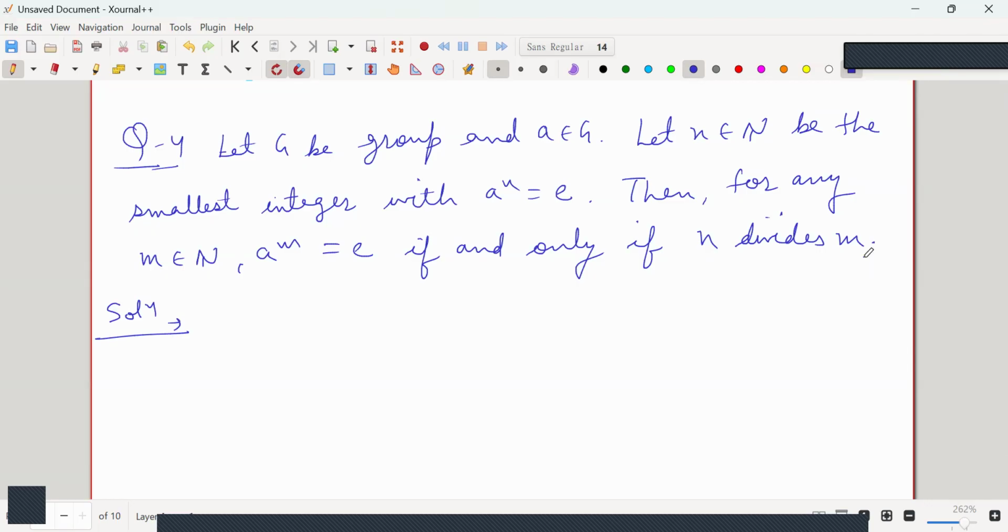Also, the converse is true, that if n divides m, then a^m is identity. So let us first go in the forward direction, or maybe the other way, because the other way is easier.